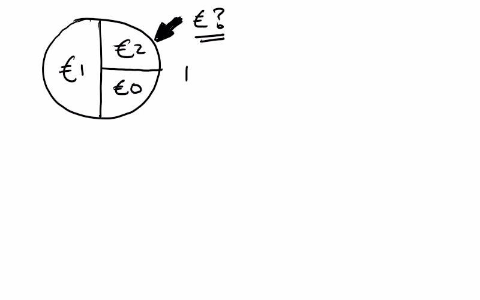So €1, the probability of getting €1 is 1/2. So we multiply the return by the probability. So the €2 is 1/4. And when we have 0, that should be plus. When we have 0, we can put in the probability, but 0 multiplied by anything is just going to give us 0. So what do we have here?